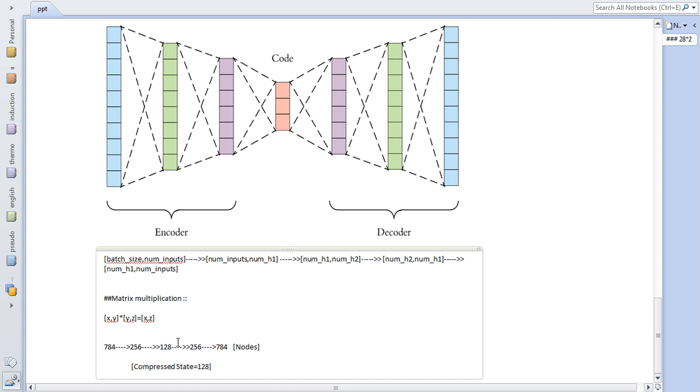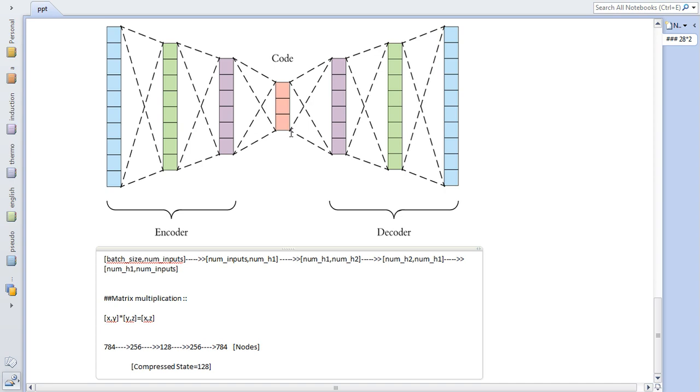This 128 dimensions will be known as the compressed state, where each image of dimension 784 is compressed into 128 dimensions. Once it is encoded into 128 dimensions, it will be decoded back into 784 dimensions. Then we will see how accurate this compressed state is. This state is also known as the latent state or the compressed state.